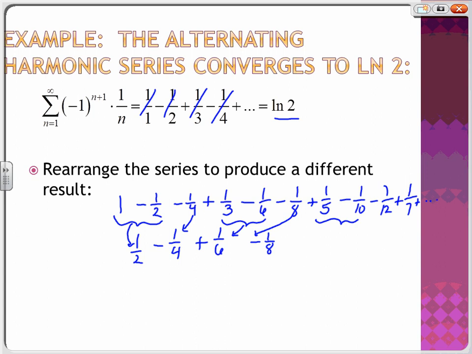What's 1/5 minus 1/10? And I still had minus 1/12, etc. Right? So now this new pattern, let's see, I'm going to pull out a half from everything. And let's see what's left.